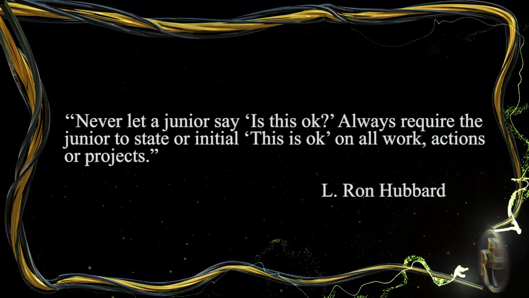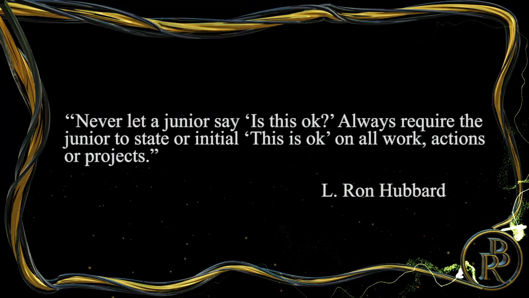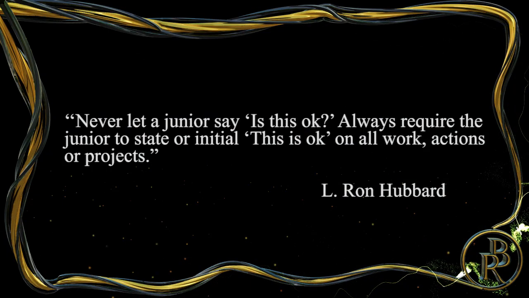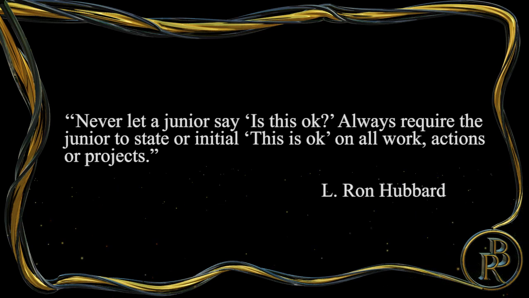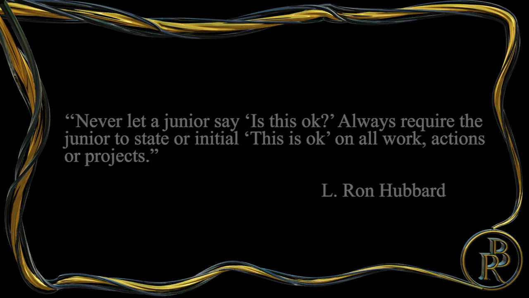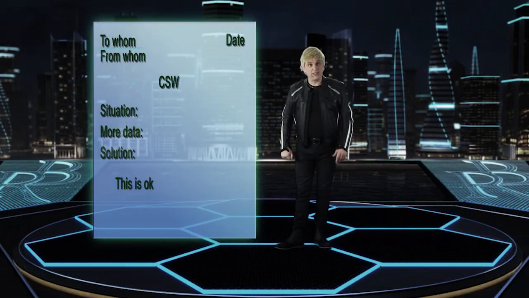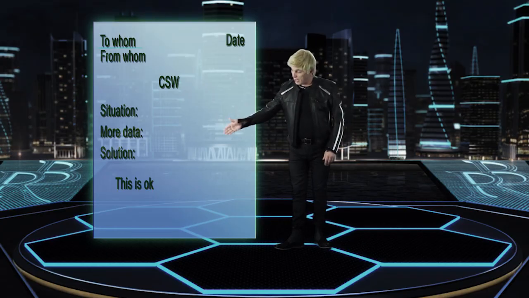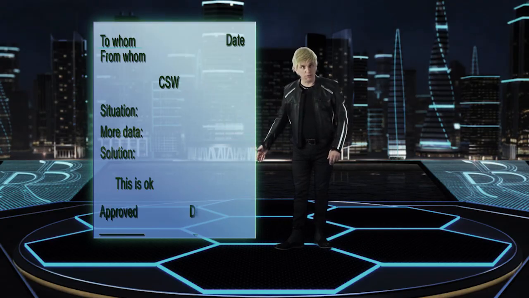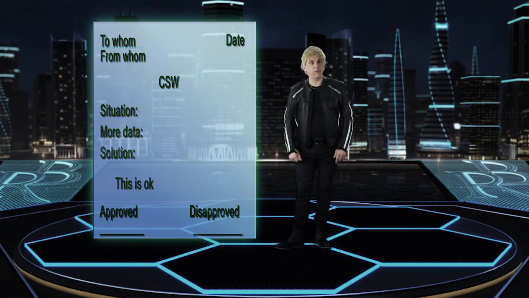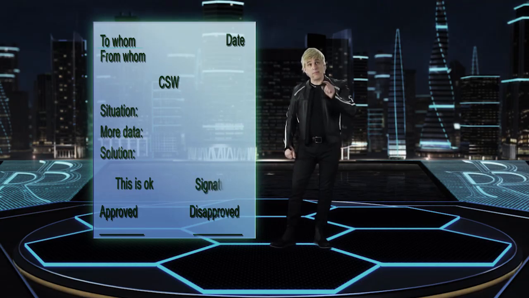Never let a junior say, "Is this okay?" Always require the junior to state or initial, "This is okay," on all work, actions, or projects. L. Ron Hubbard. And you have to write in 2 options: approved and disapproved, and naturally the signature of the person.